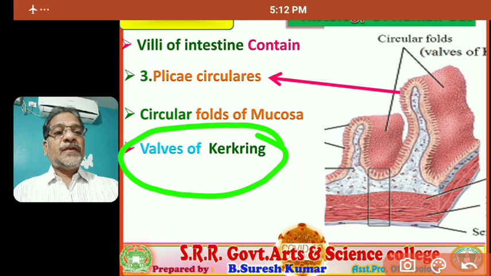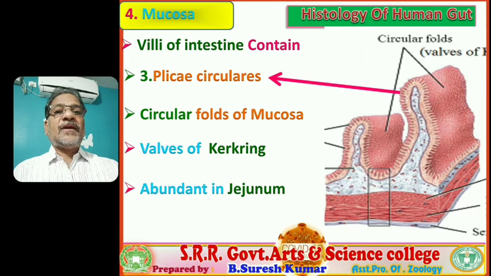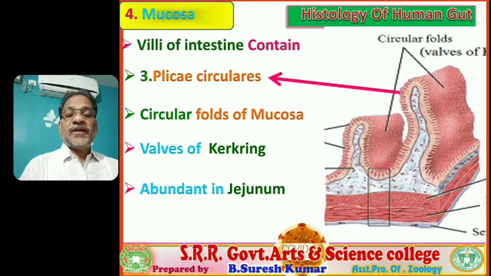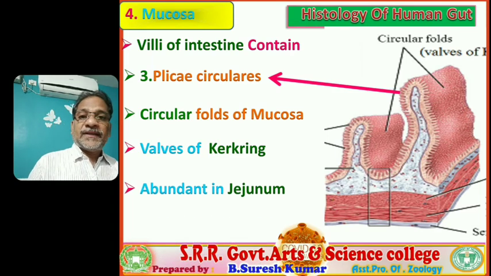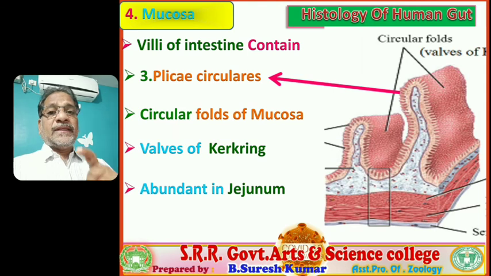Walls of Kerckring are abundant mainly in the jejunum. What is jejunum? In the last class we discussed that the small intestine contains three regions. The first region is duodenum, the second is jejunum, and the third is ileum. So these walls of Kerckring are abundantly seated in the jejunum region.